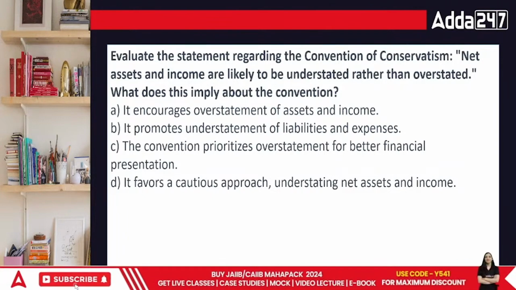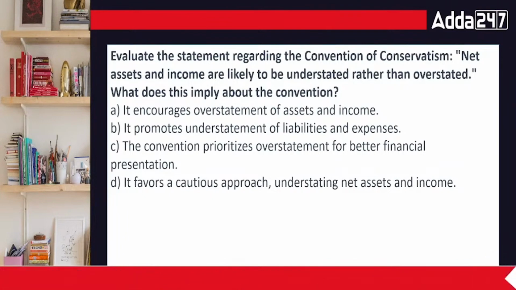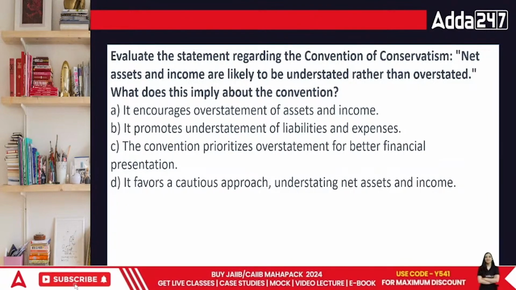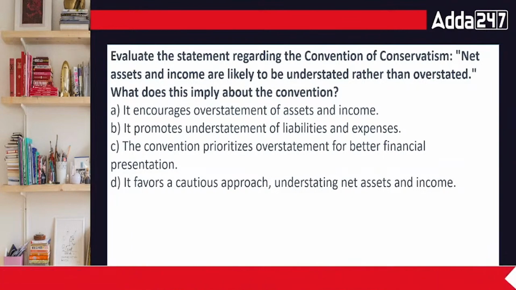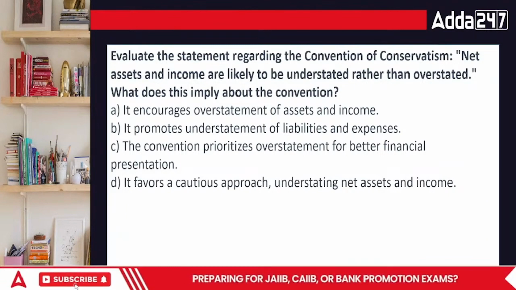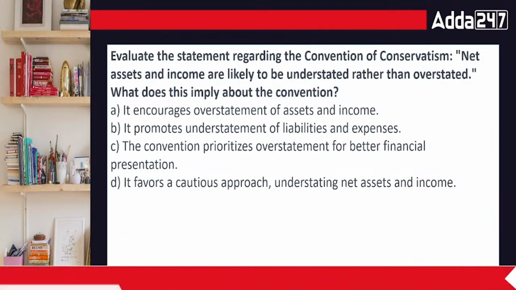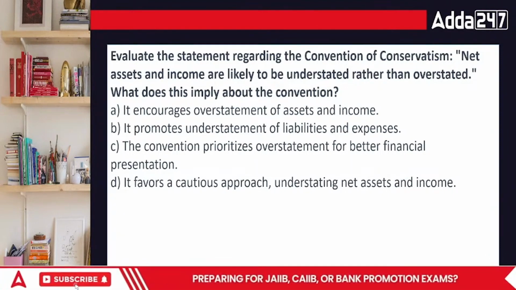The convention prioritizes overstatement for a better presentation, or it favors a cautious approach, understating net assets and income. See, the point is if you go to the deep meaning of something, why do we look forward towards conservatism? We say that people are conservative. In normal English, even we say that these people are conservative because those people are just reserving or preserving their memories or people or whatever they want to.